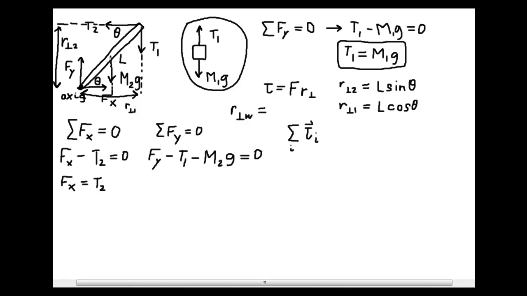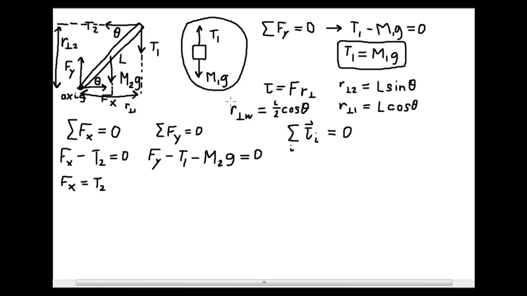Since the distance from one end to the center is L over 2, the horizontal distance that I want will be L over 2 cosine theta. So we'll put that down, L over 2 cos theta. And with those individual perpendicular distances identified, now we are all set to write down the torque equation.